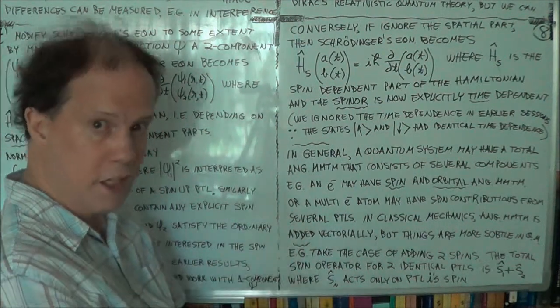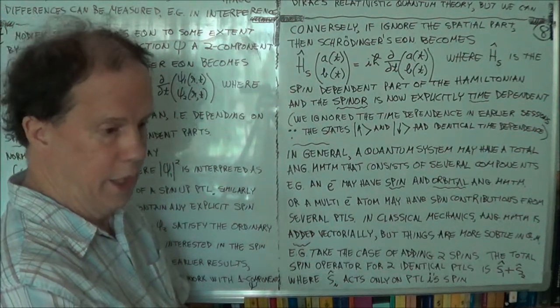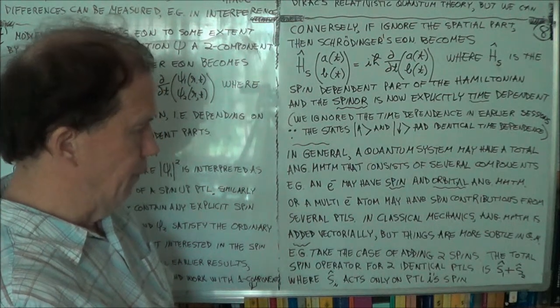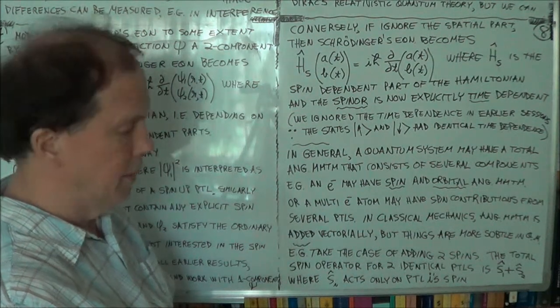A vector sum. Well, that's how you do it in classical mechanics when you're adding angular momentum. But in quantum mechanics, things are more subtle, more complex.